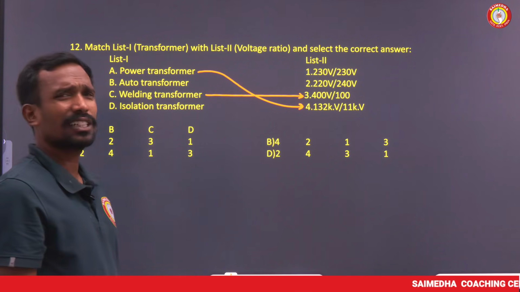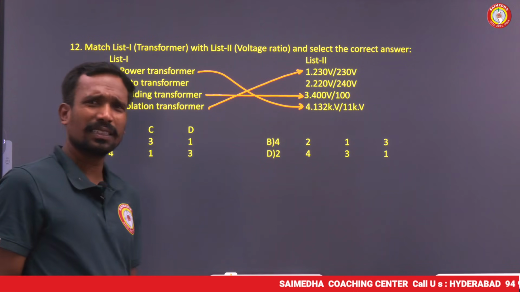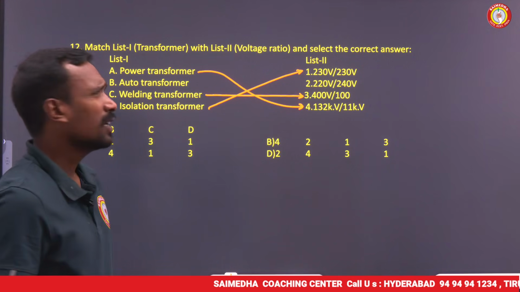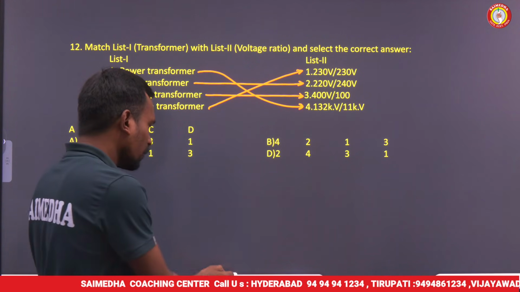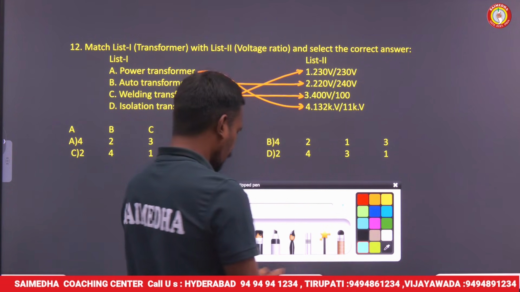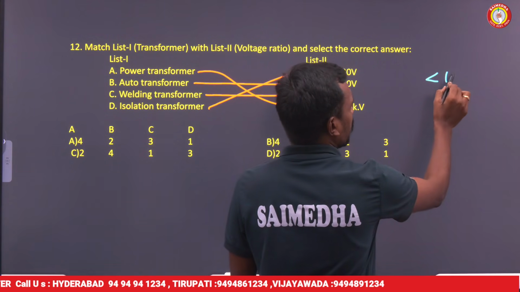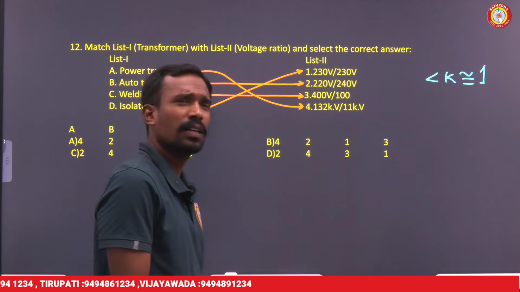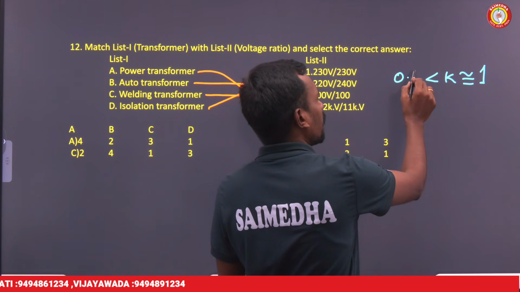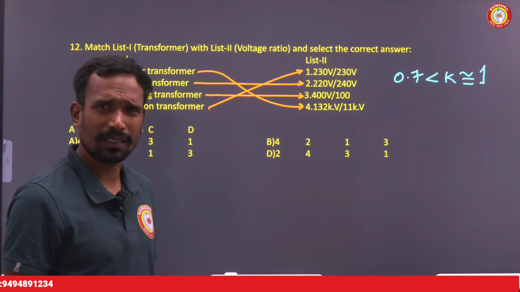What about isolation transformer? You know, when the primary and secondary both are the same, that is called an isolation transformer. So the remaining is the auto transformer. Yes, sir, how can you take that as an auto transformer? Because generally auto transformers are preferred where K value is nearly equal to 1. It may be greater than 0.5, 0.6, 0.7, whatever it may be, nearly equal to 1.